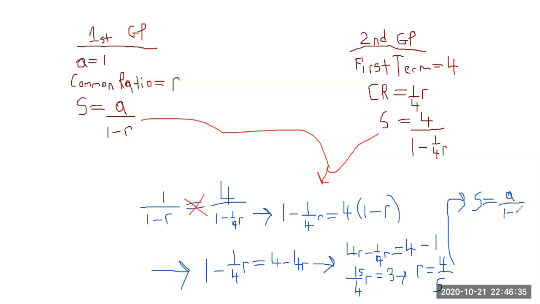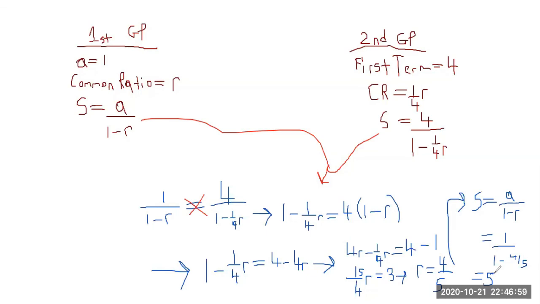So s is equal to 1 divided by 1 minus 4/5. 1 minus 4/5 is 1/5, and 1 divided by 1/5 is 5. So s works out to be equal to 5.